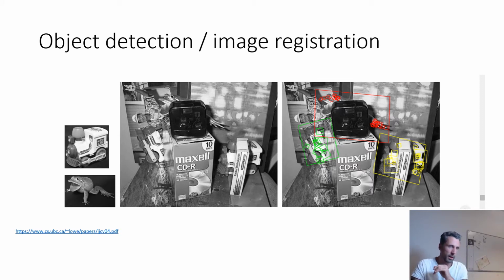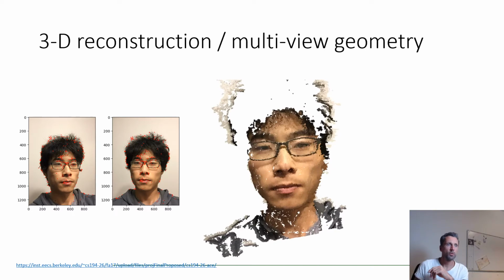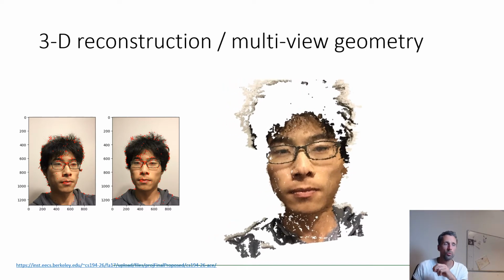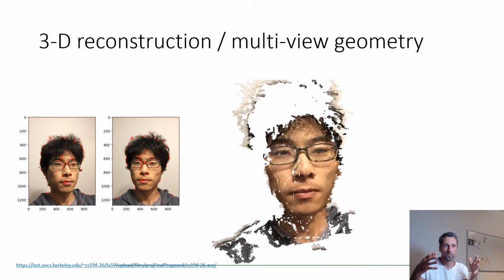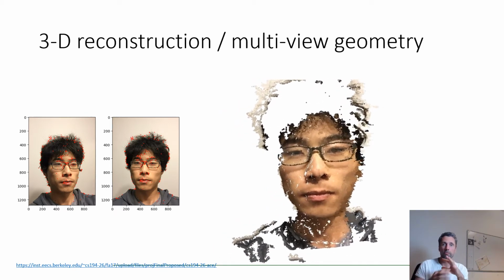This will be covered in the next lecture. Interest points can also be used to stitch different recordings together to a panoramic image, and you can use similarly those features to create a 3D reconstruction of the scene.